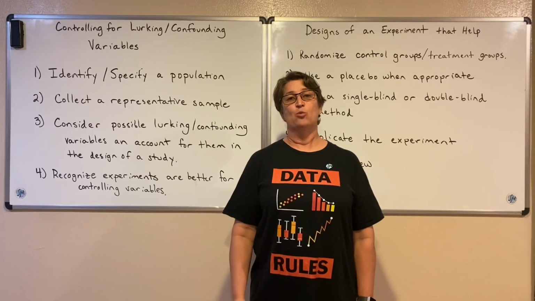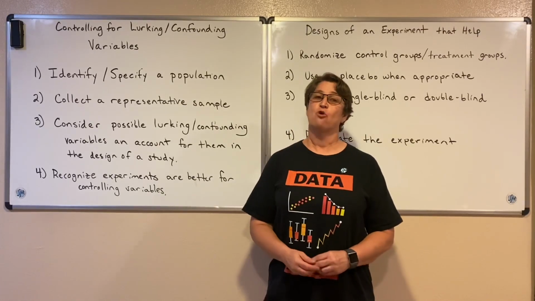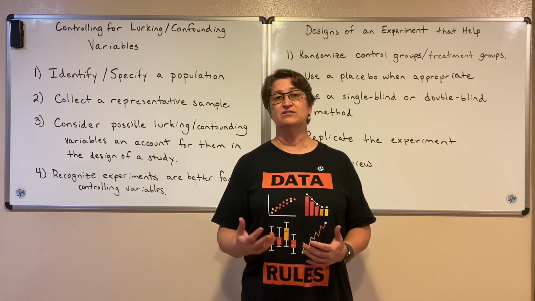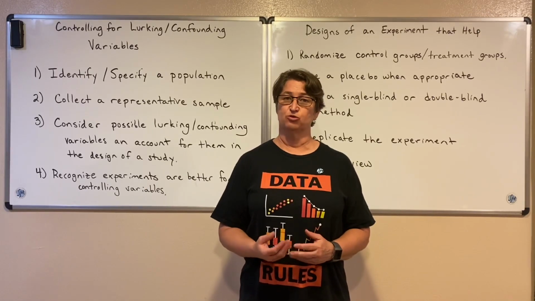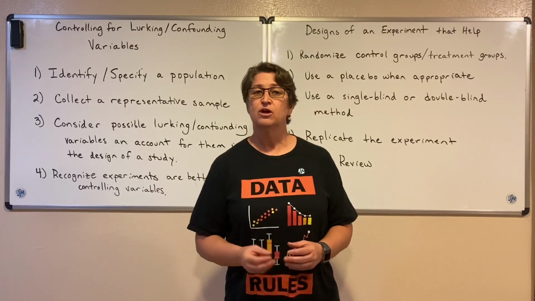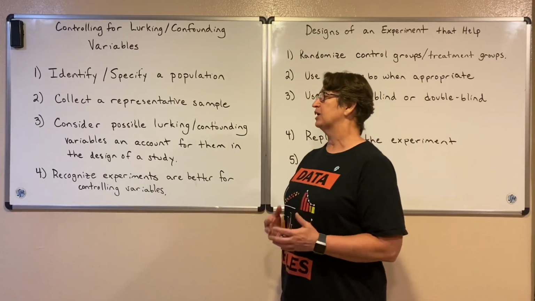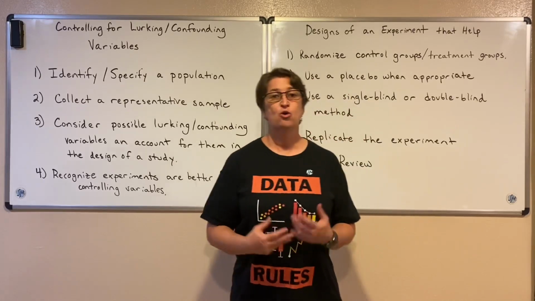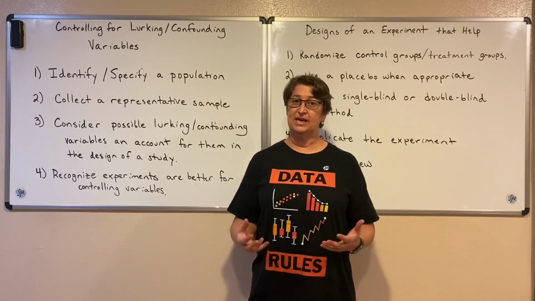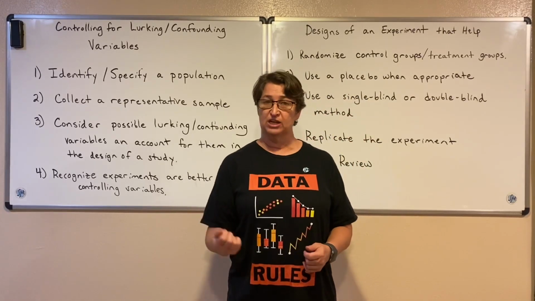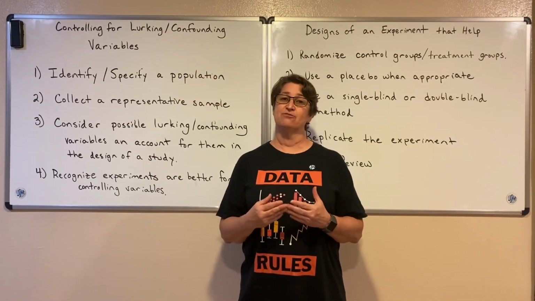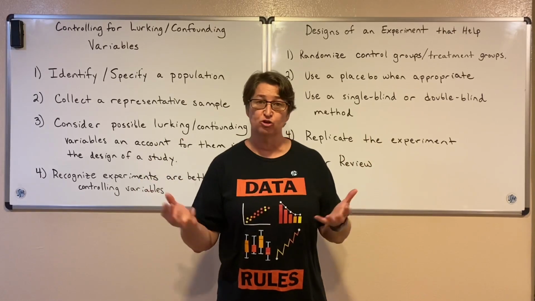Let's look at how we can control for lurking or confounding variables when we design our statistical study. One way we can do that is to identify or specify our population. When we get ready to begin studying and collect our data, we need to make sure that we are actually identifying the population that we want to look at.